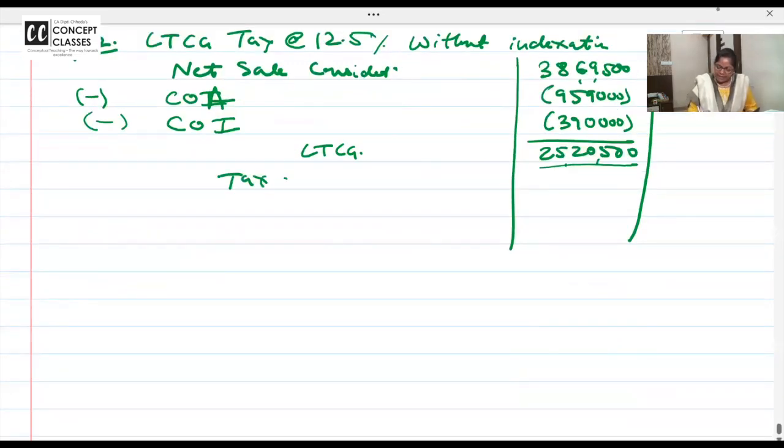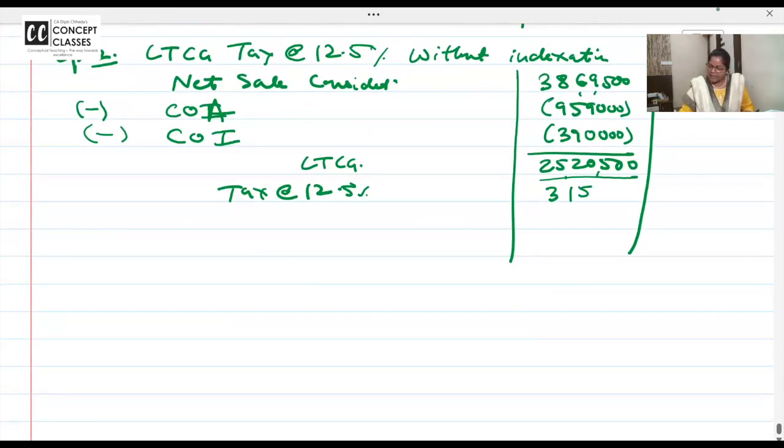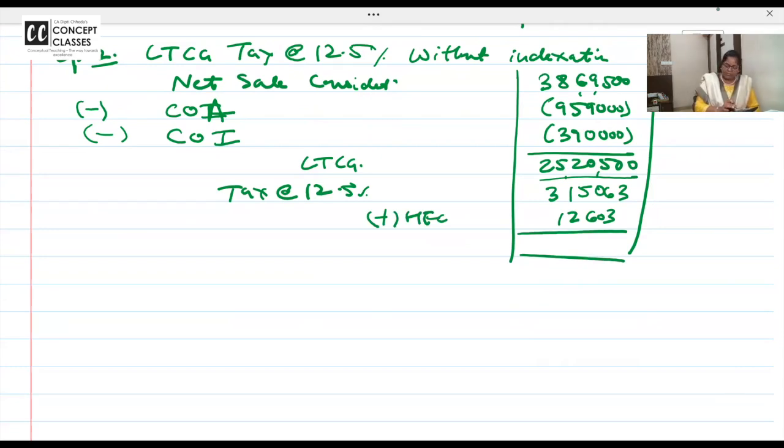Now let us calculate tax at the rate of 12.5%. If it is without indexation, it's 12.5%. 3,15,000. Very nice question. 063 into 4% health and education cess. 12,603. 315,063.